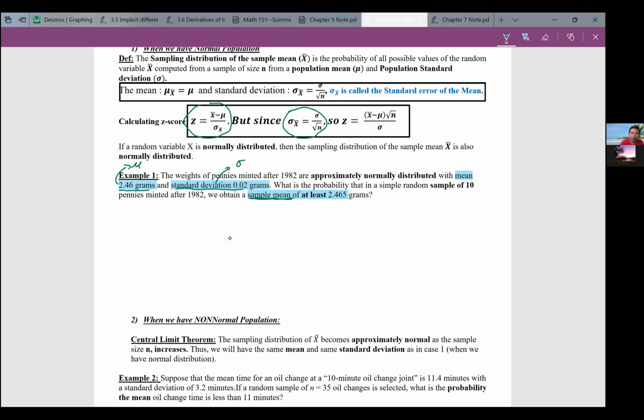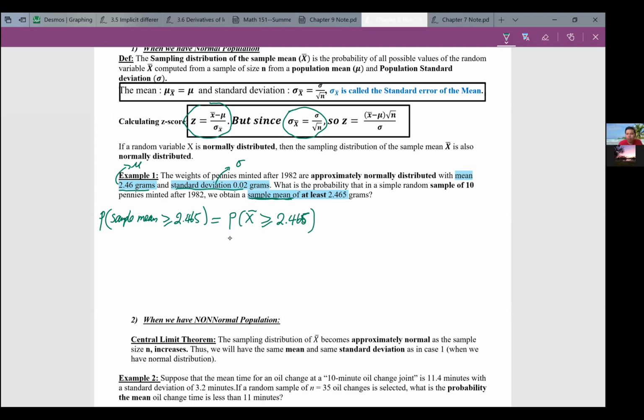All right, so I want the probability of sample mean bigger than or equal to 2.465. So this is equivalent to probability of X bar bigger than or equal to 2.465.